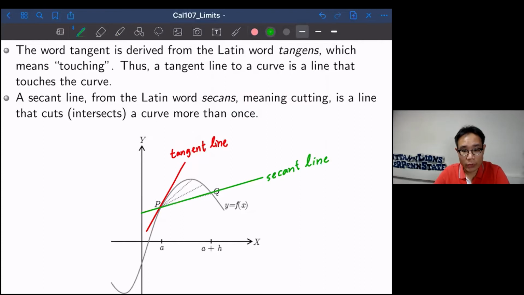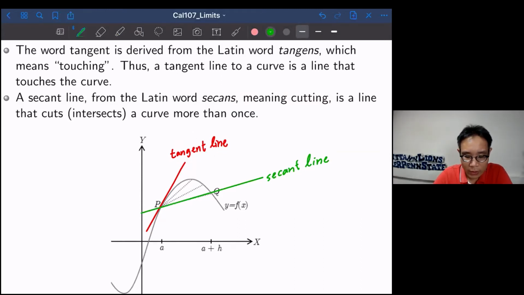So in this case, you have a secant line and a tangent line. The tangent line touches the curve at the point P, and the secant line is the line PQ.